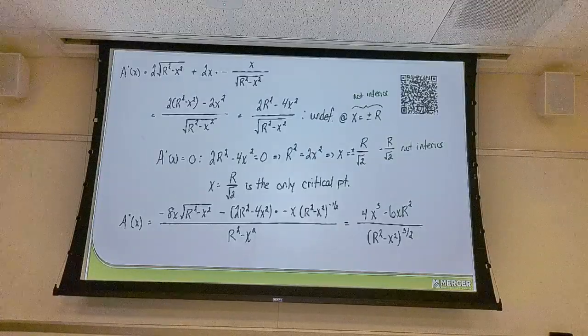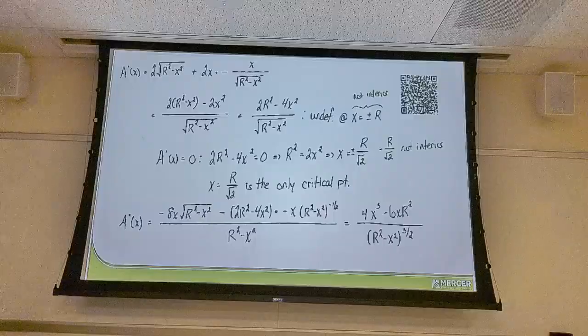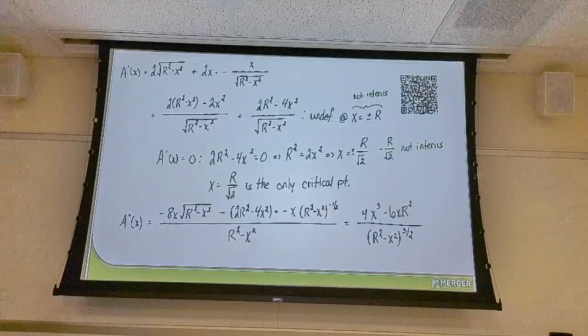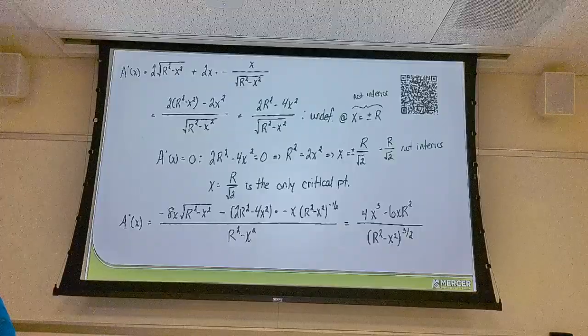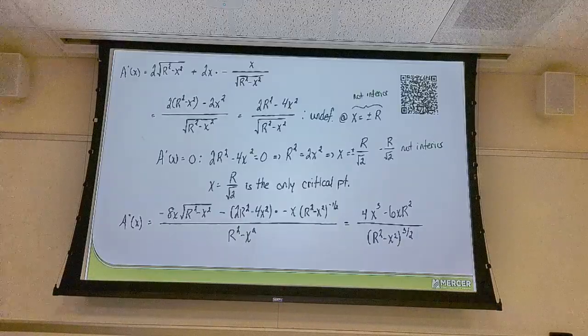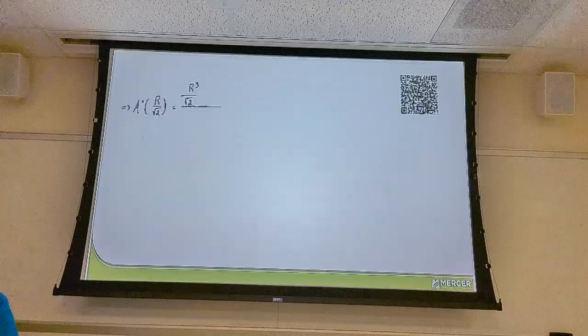Oh, I know what I did wrong. It's 3 negatives, not 2. Okay, I'm back. I know where I screwed up. Good. That means this doesn't give me 0 anymore. Yay. That's 4 over 2 root 2, which is now just 2r cubed over root 2.